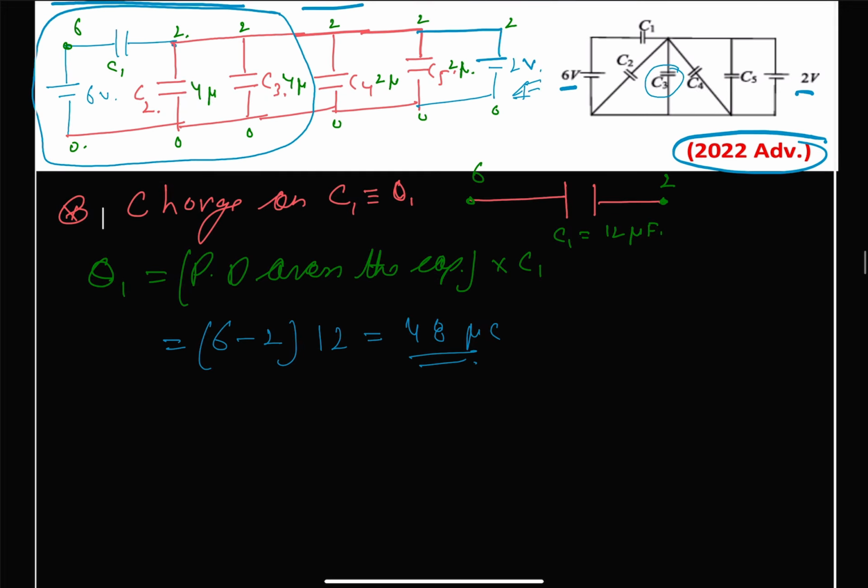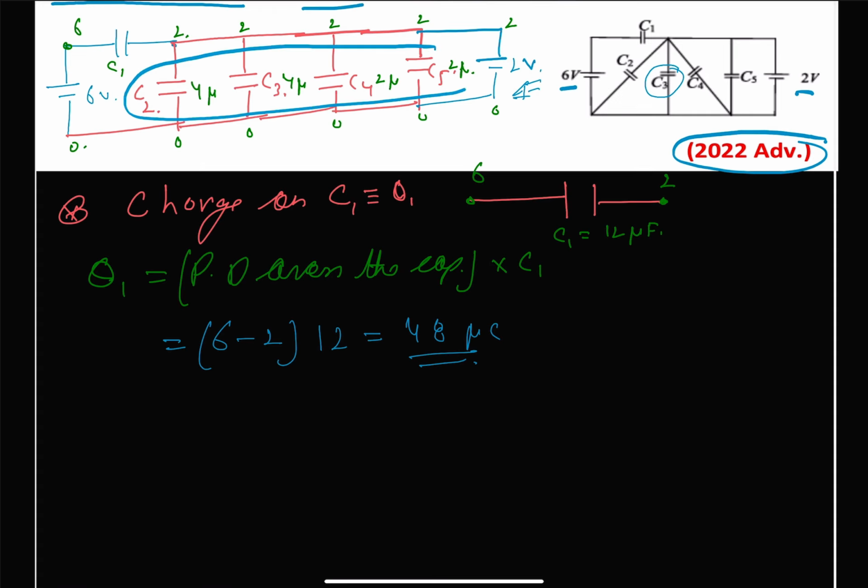A much better option, because we have a 2 volt supply also, is to find the equivalent capacitance of this entire part, because here we are having 2 volt also.